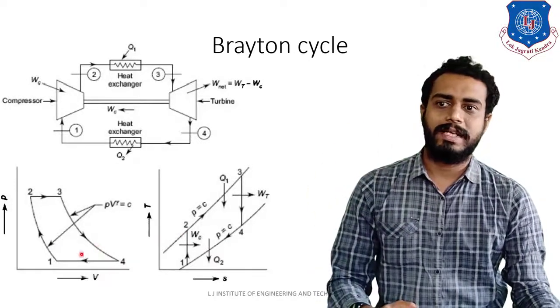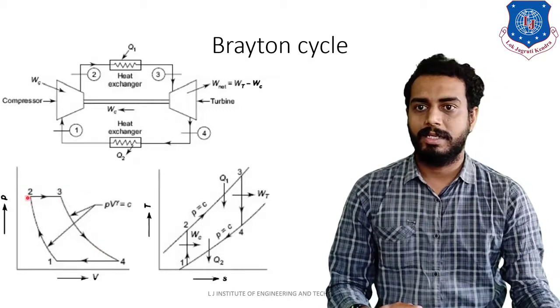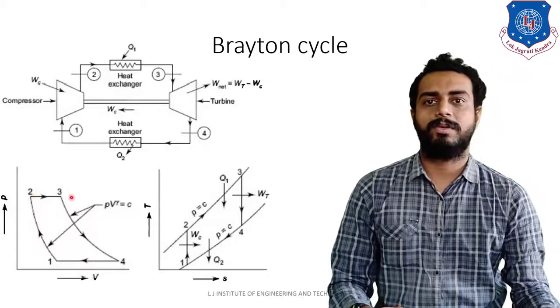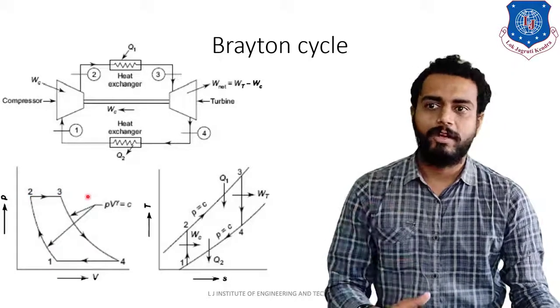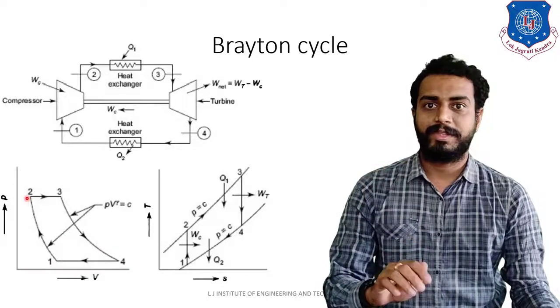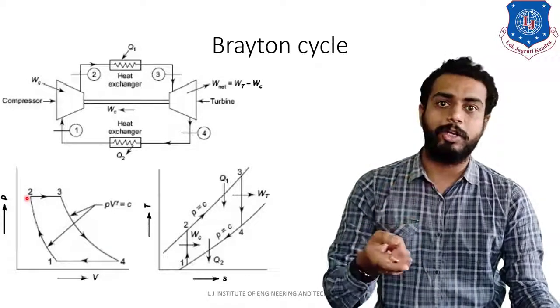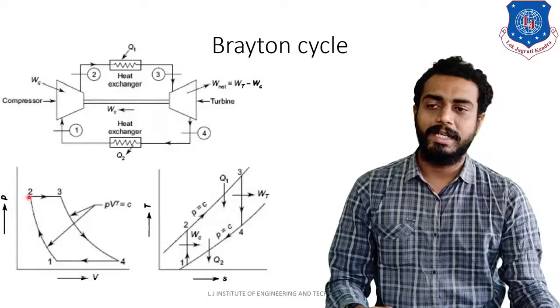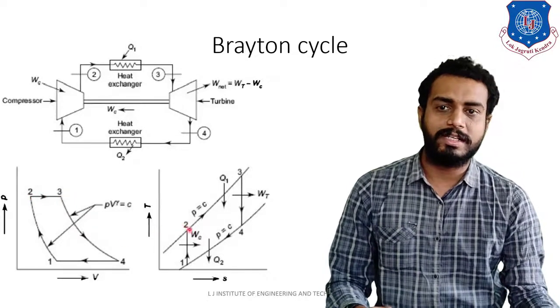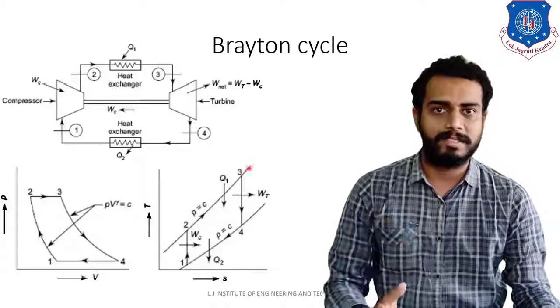Then 2 to 3 is nothing but constant pressure heat addition. During 2 to 3 the pressure will remain constant and heat will be added, and obviously if you want to maintain the pressure constant and add heat, then you have to increase the temperature as well as volume. That is why from 2 to 3 the volume is increasing, and on the TS diagram the temperature is also increasing.